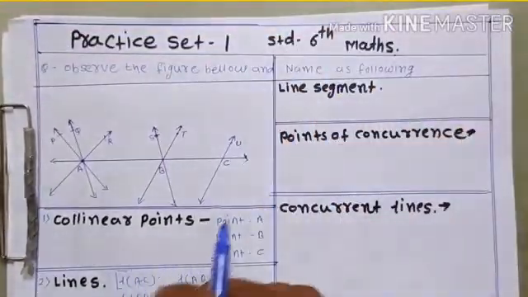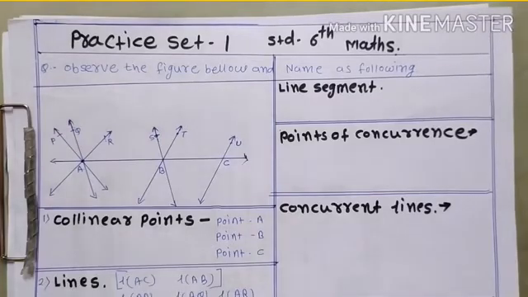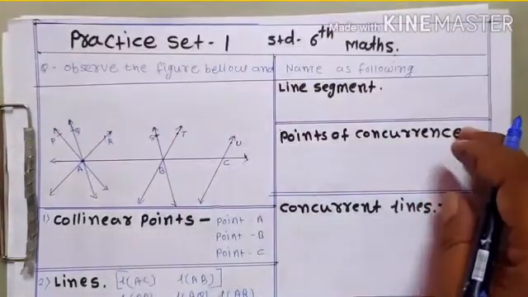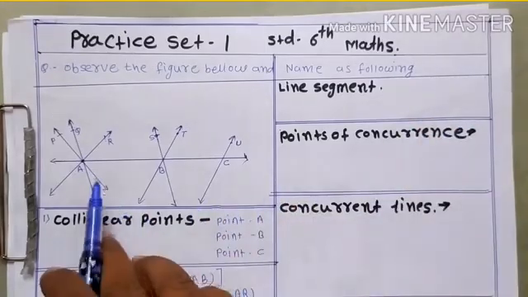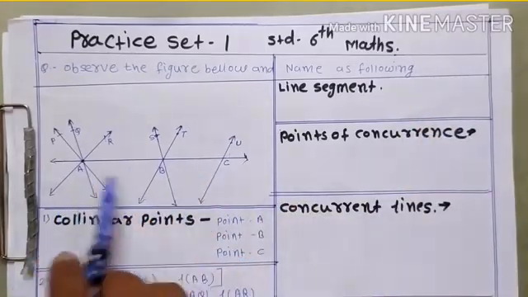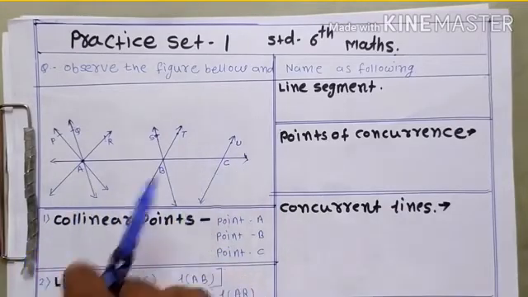Right? Third, line segment. A line segment has 2 end points. And a line segment is also part of the line. The segment between 2 points is called a line segment.